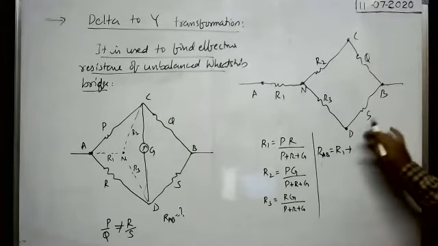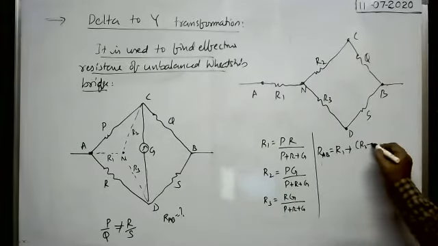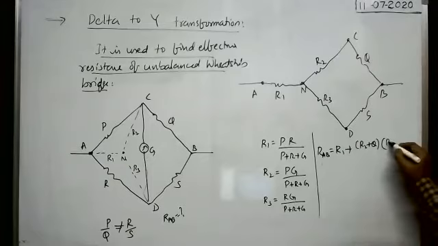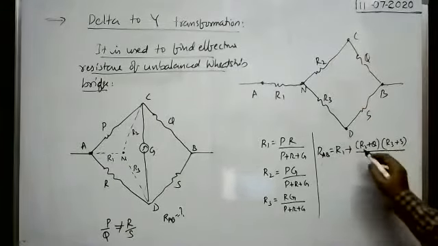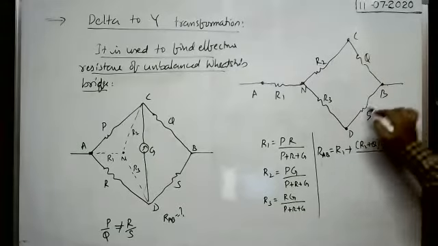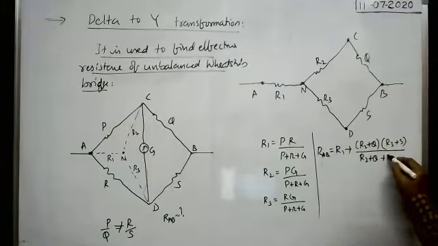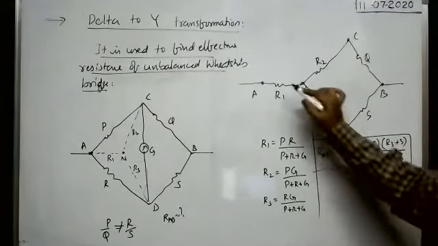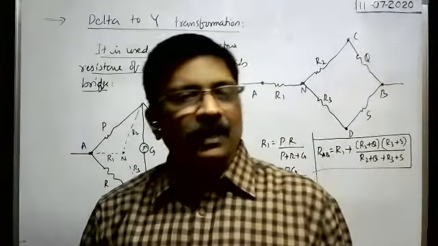So the effective is R1 R2 by R1 plus R2, that is R2 plus Q into R3 plus S, whole by R2 plus Q plus R3 plus S. This is the effective resistance between the two points A and B whenever the Wheatstone bridge circuit is unbalanced.